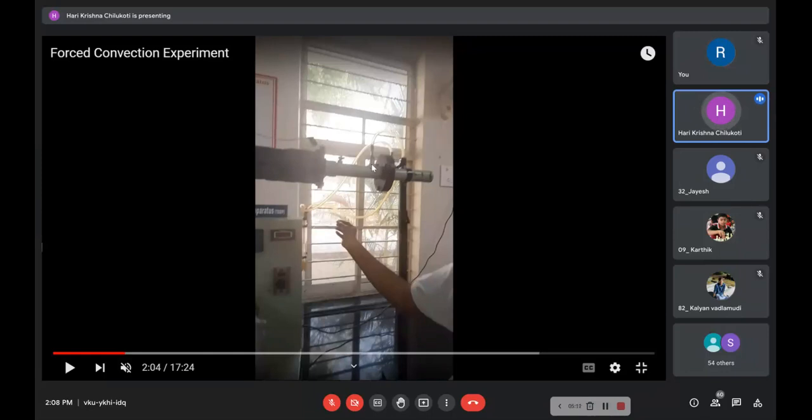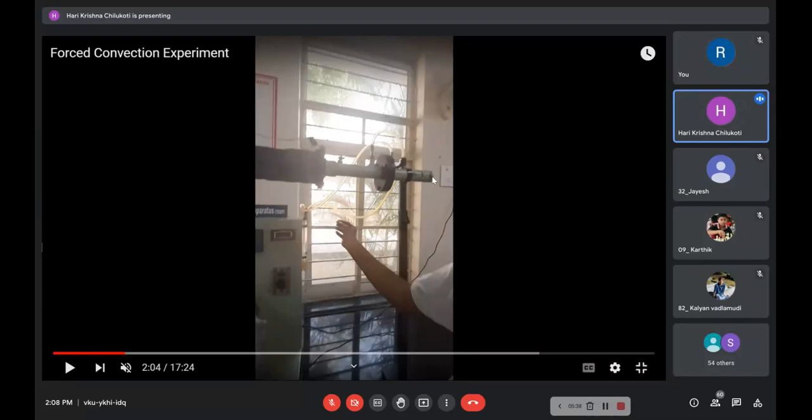Before the orifice meter as well as after the orifice meter, we have connected a U-tube manometer, which helps us to find out the volume flow rate. When you see the formula to obtain the volume flow rate through the orifice meter, you'll realize why we need the pressure drop across the orifice.